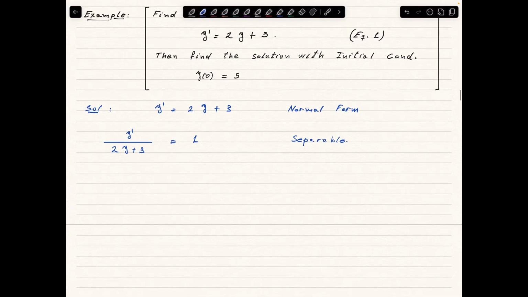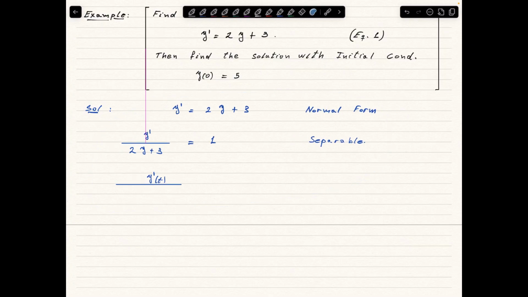We now integrate on both sides of the equation. So we have the equation y prime, which is a function of time. Recall, we are looking for this function. Then we have 2 times y of t, recall, this is the function we are looking for, a function of time, plus 3, and here equal 1.